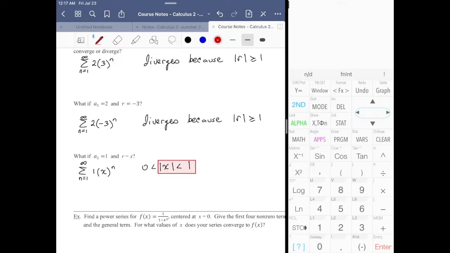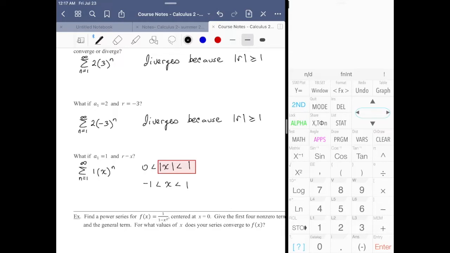We could just focus on this one because I'm only interested in positive values anyway. So that's telling me that my x values, we talked about this in previous pages, negative 1 and 1 would be the bounds.